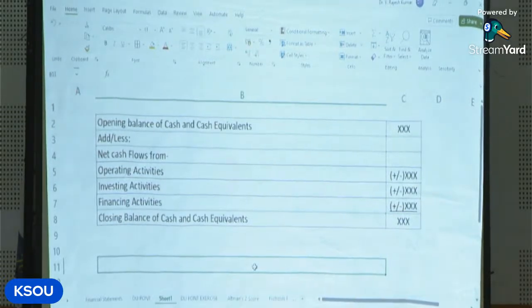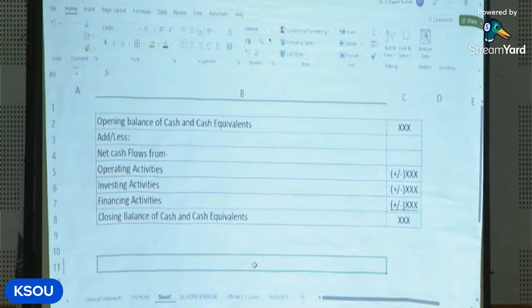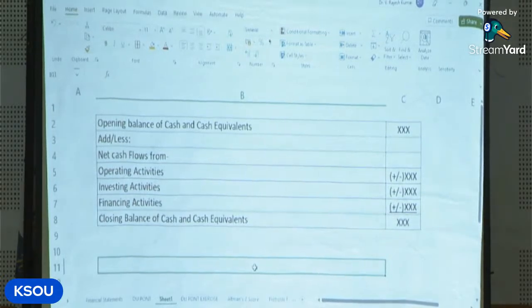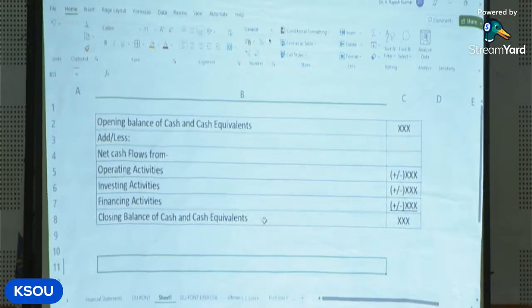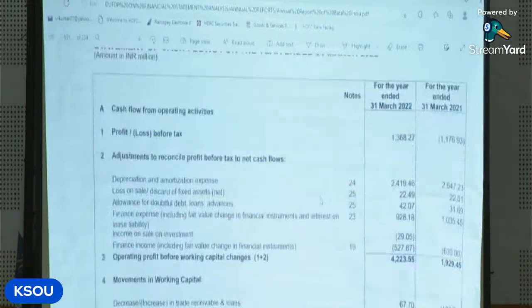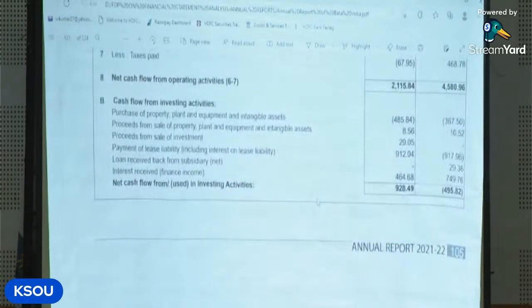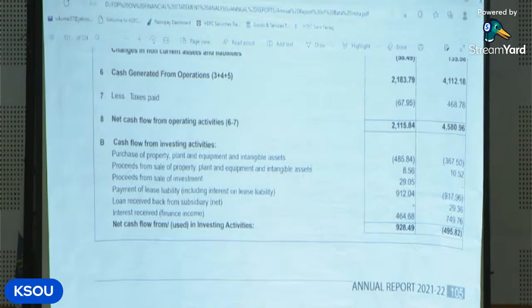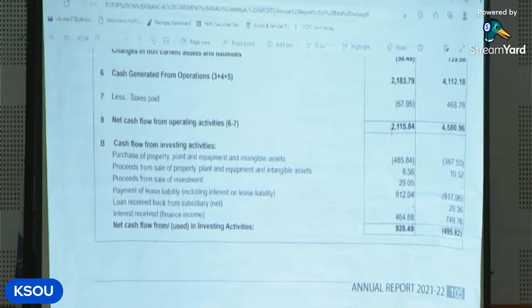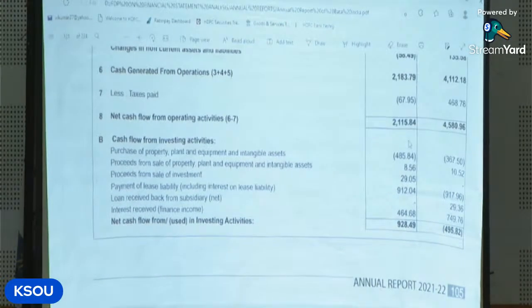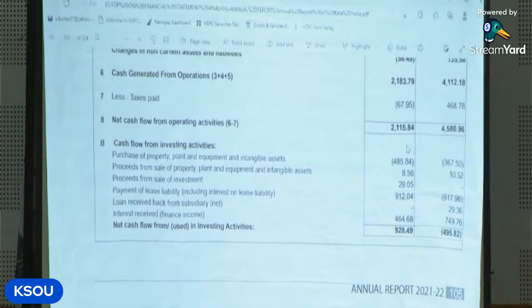In case the operating cash inflows are more than operating cash outflows, it is operating profits. Otherwise, it is operating loss. So that is first item. So in bottom, net cash flow from operating activities, you see a number. Net cash flow, which is nothing but difference between cash inflows and cash outflow.